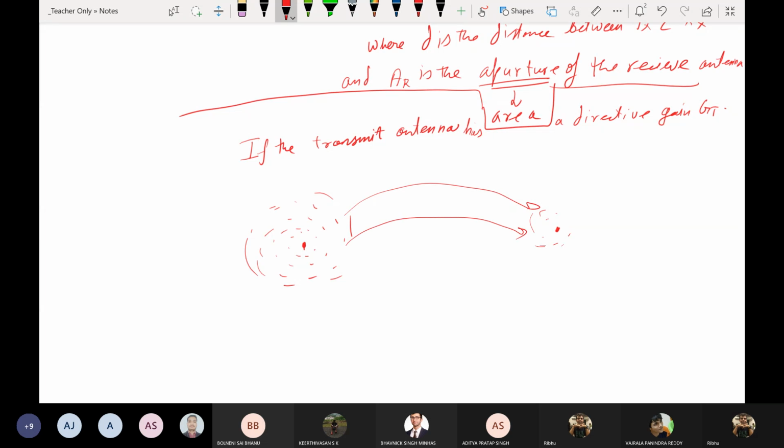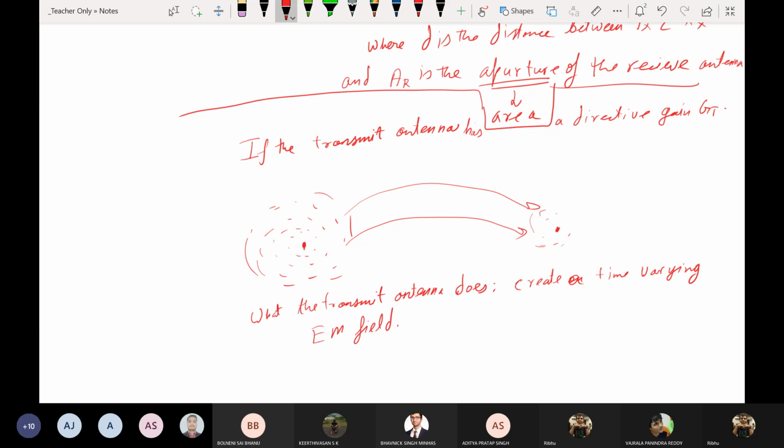What the transmit antenna does is create a time varying EM field.